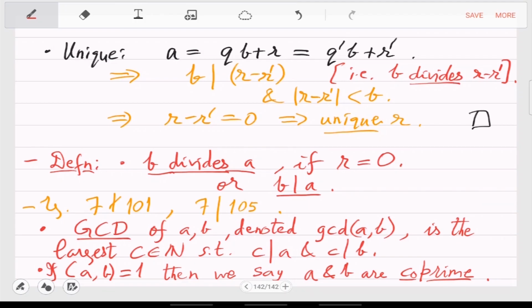Okay. So the thing in computer science is that these numbers we deal with in any application, especially in cryptography, are very, very large.